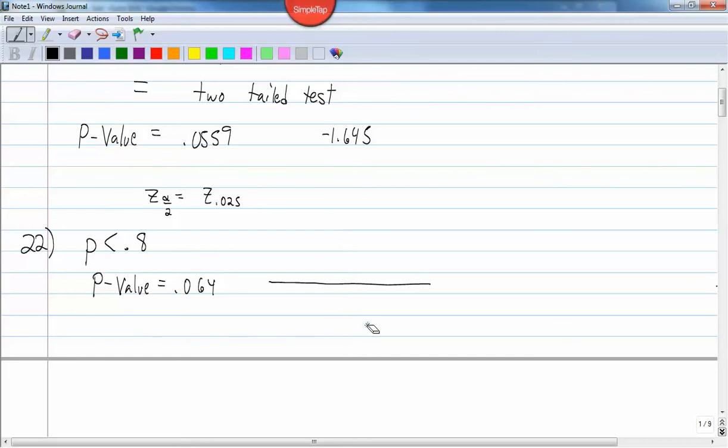And so if I was looking at this under a bell curve, we have some critical value right here. We don't know what it is, and it doesn't matter because we've already found the p-value. But let's say we have some critical z right here. And remember that alpha corresponds to an area. We were given in the problem that alpha equals 0.05. So we have an area right here of 0.05.